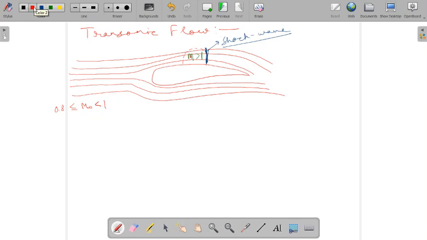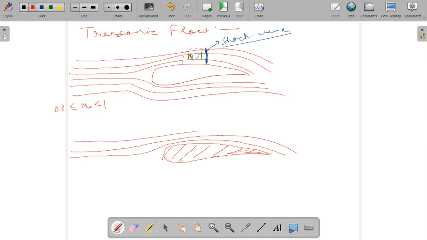Now another situation which comes in the origin of transonic flow: if this is my airfoil structure, and over this airfoil structure once again the flow is happening in a similar way, only one difference. What is the difference?